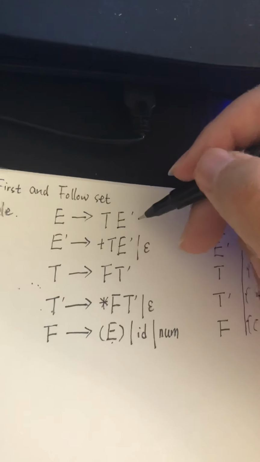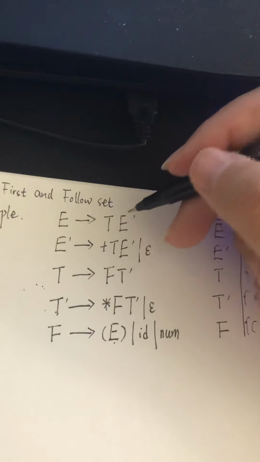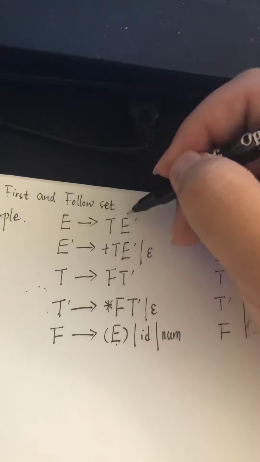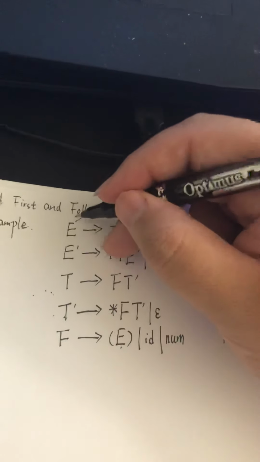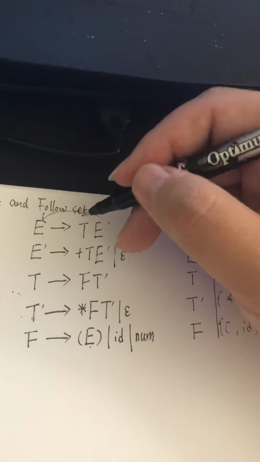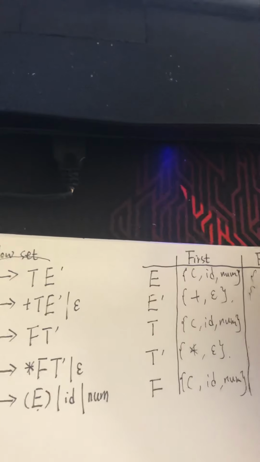There is nothing after the E prime, so we need to check the previous one, which is E. So the follow of E prime is equal to the follow of E. What is follow of E? It is dollar sign and right parenthesis. So we just write the same here.